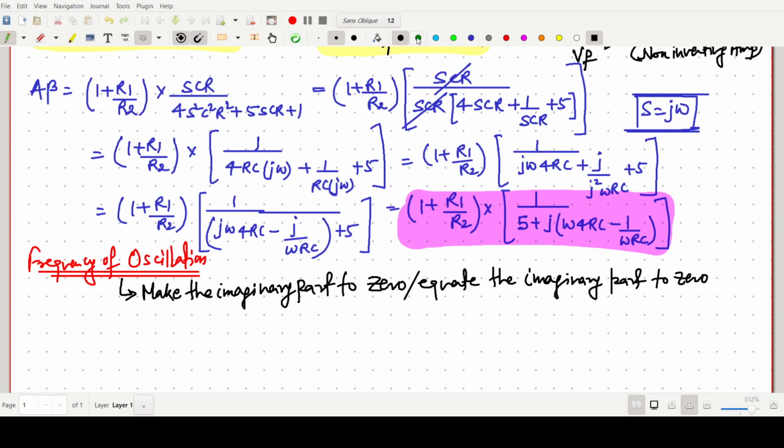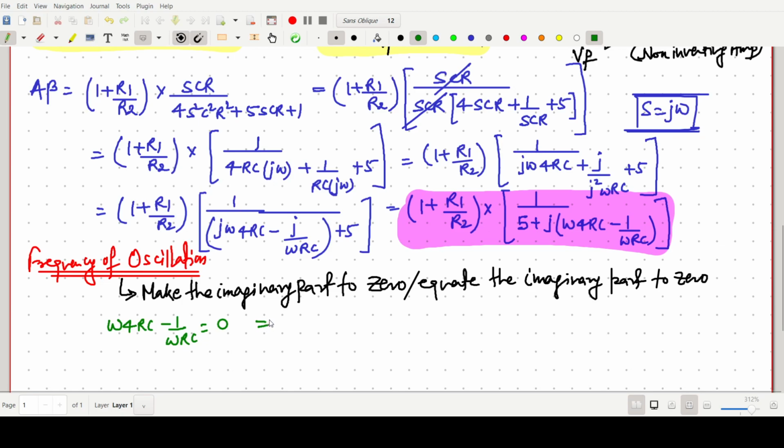Okay, so our imaginary part is omega 4 RC minus 1 by omega RC equals to 0. So we can write omega 4 RC equals to 1 by omega RC. Then we can write omega square equals to 1 by 4 R square C square.